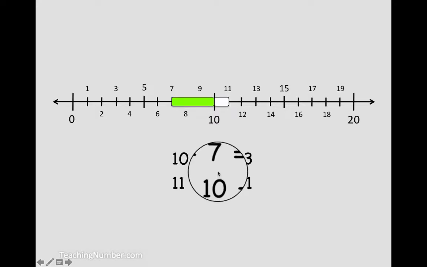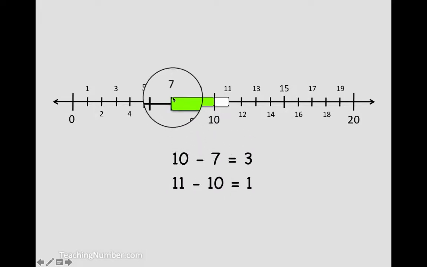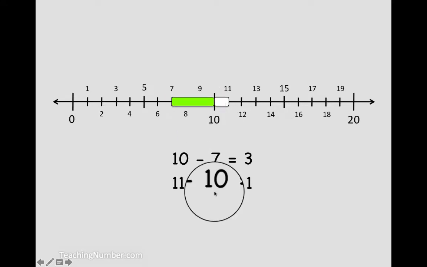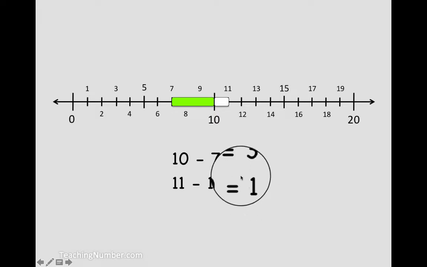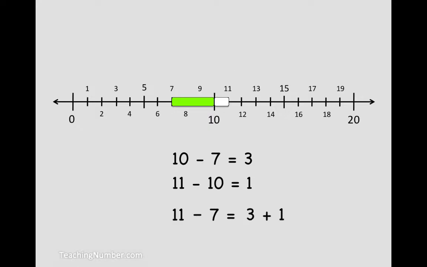The distance from 7 to 10 is 3, and the distance from 10 to 11 is 1. So the distance from 7 to 11 equals 3 plus 1, which is 4.